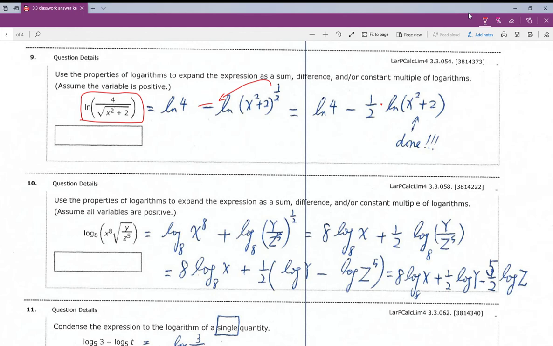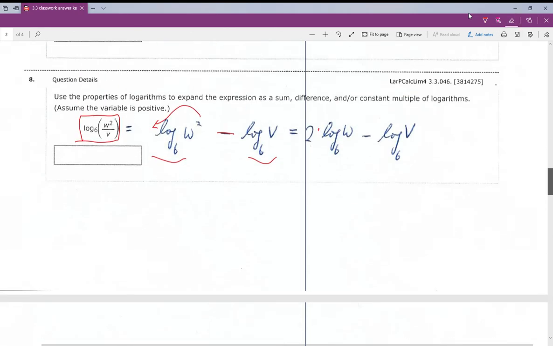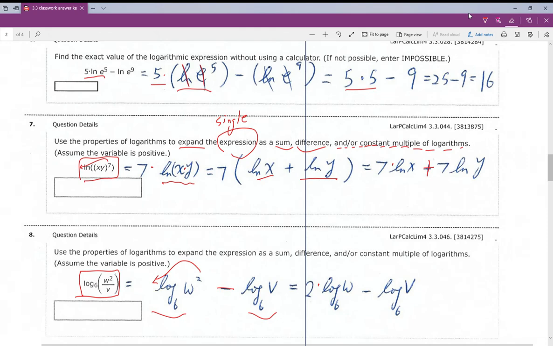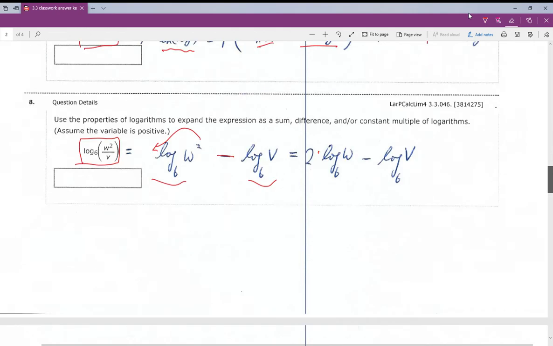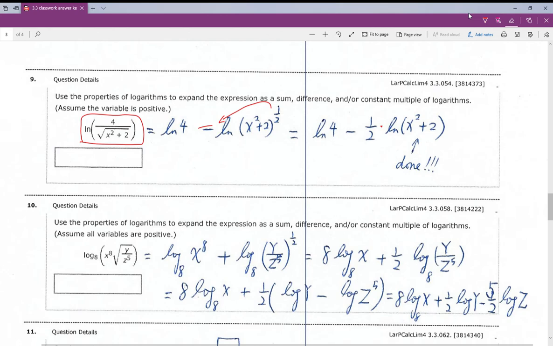Be careful: when you have a single term with multiplication or division inside the parentheses, you may separate them to become addition or subtraction. But when you have addition inside the parentheses, there is no formula to separate them. So it's done.